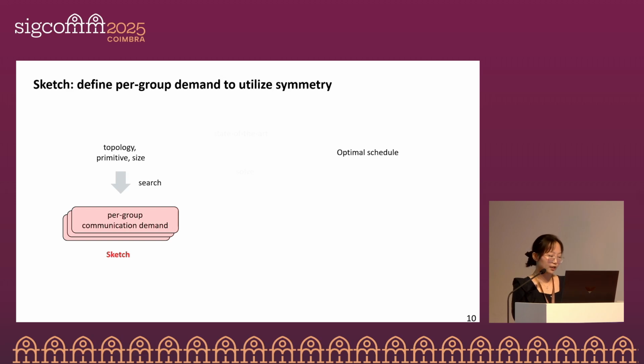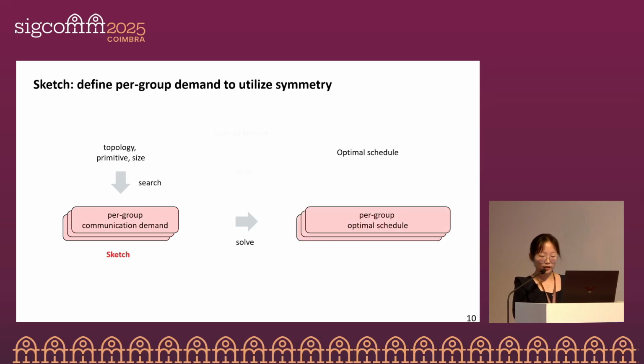We call them sketches. The sketch restricts the communication demands across groups in the same dimension to be identical, so that the solved schedules are also the same. With a sketch, we can perform per-dimension or per-group problem solving using MILP. Compared to existing synthesizers, the problem scale is greatly reduced.